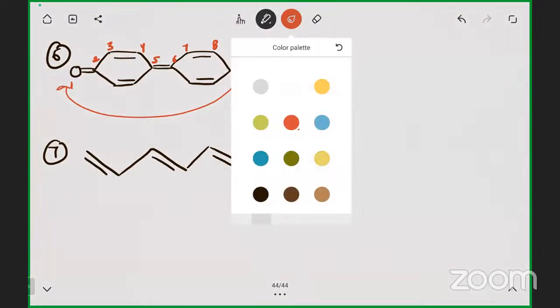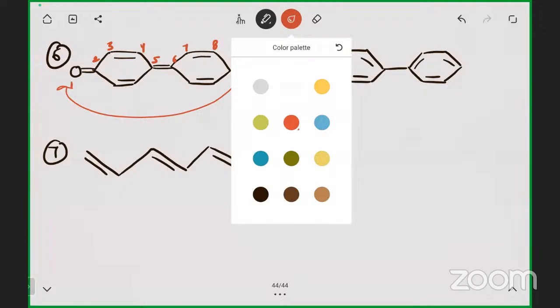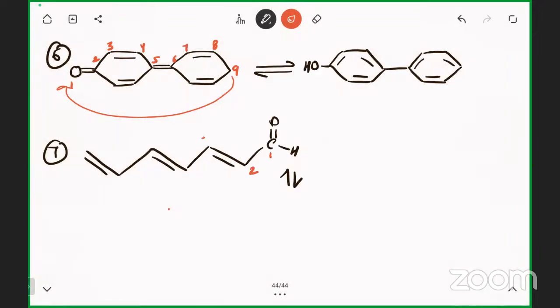Now the compound formed will be here. We have OH. Now we have one benzene ring here, another benzene ring here. In this particular case, you can just see sp2 hybridized 1, 2, 3, 4, 5, 6, 7.